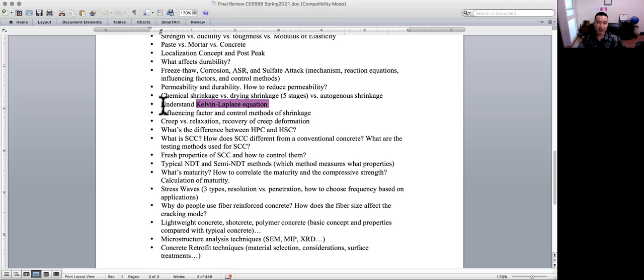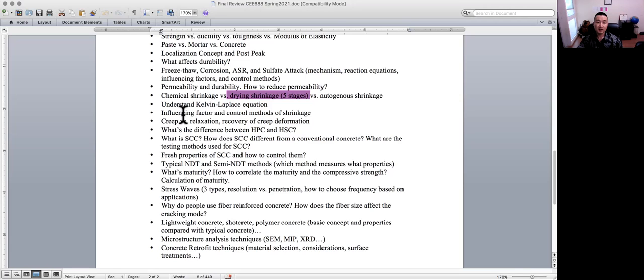So you should understand that. Five stages of dry shrinkage: let's talk about water loss from different locations, depending on the size of the pores. For water loss from the smaller pores, based on the Kelvin-Laplace equation, the shrinkage stress will be higher, so we have more shrinkage for the same reduction in RH.